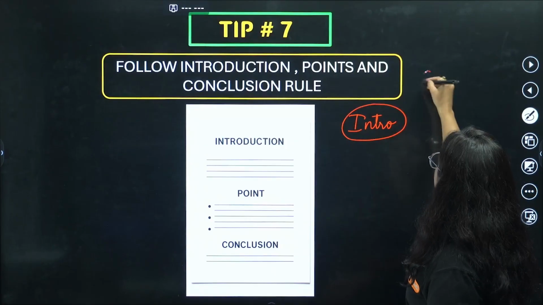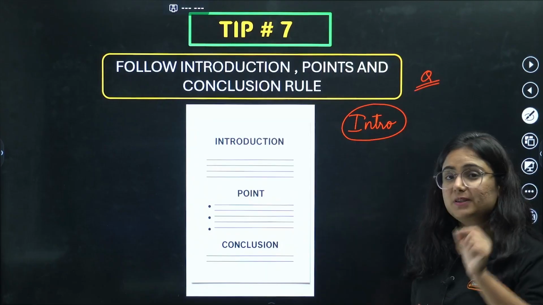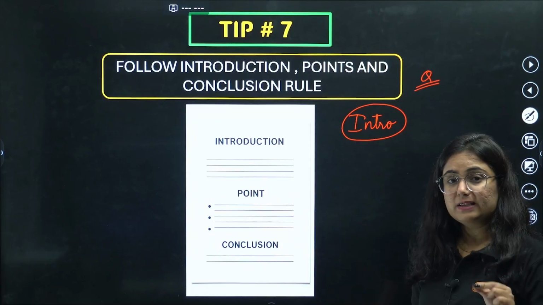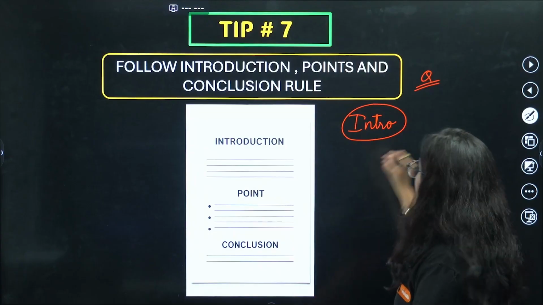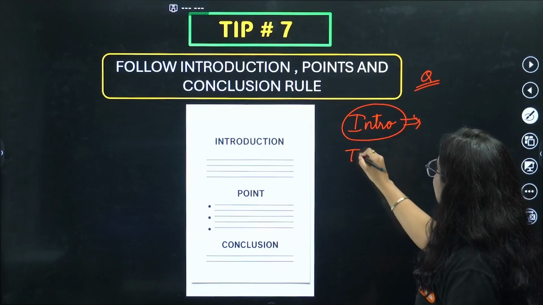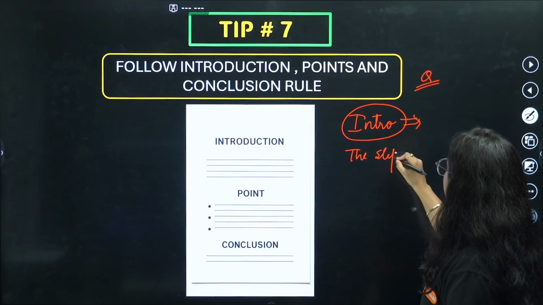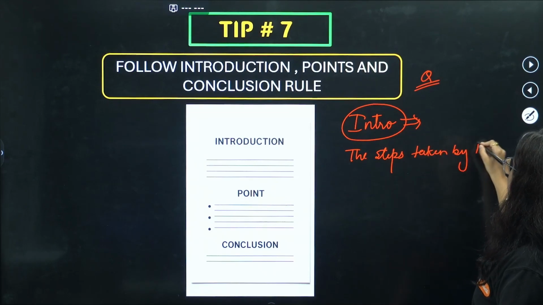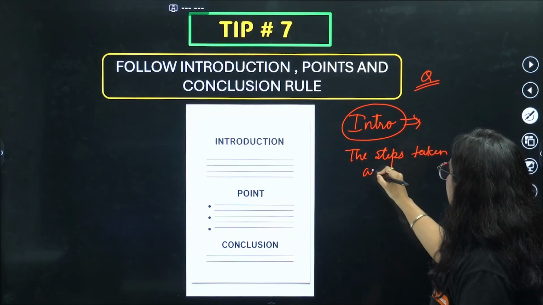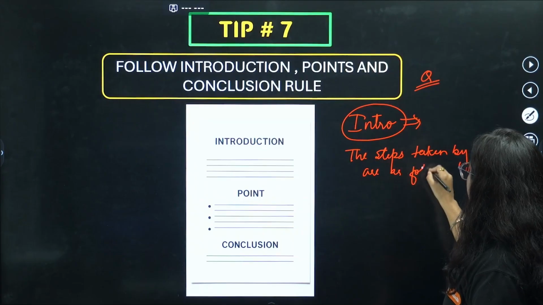For example, here is a question: what are the steps taken by French revolutionaries to raise the feeling of nationalism among the individuals? Give an intro that the steps taken by French revolutionaries are as follows, right?